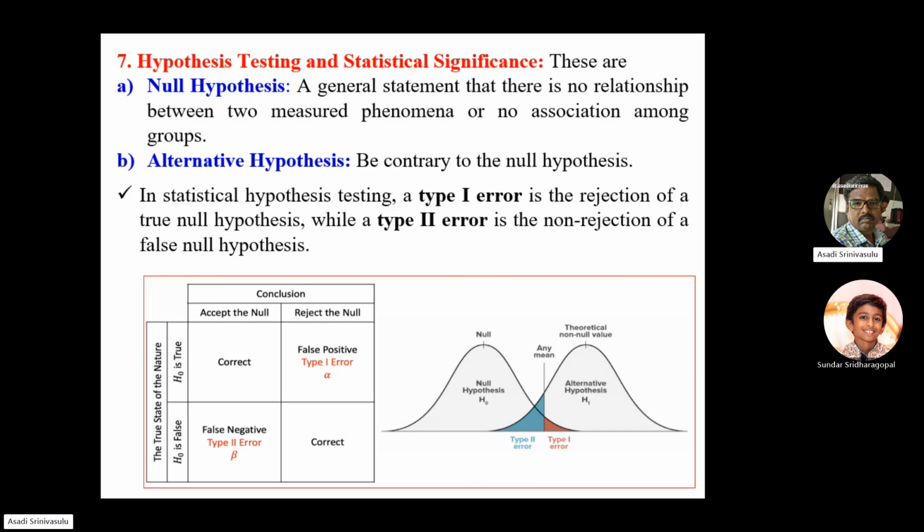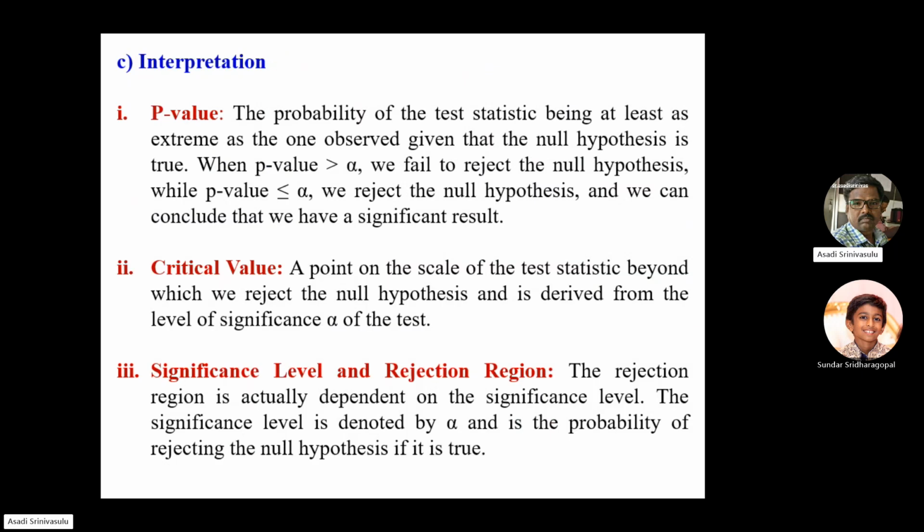null hypothesis. Then interpretation means you have got results. How are you going to interpret the values in the graph or any histogram, scatter plot, bar chart, etc.? There we are using three concepts, like p-value, the probability of the test statistic being at least as extreme as the one observed, given that the null hypothesis is true.